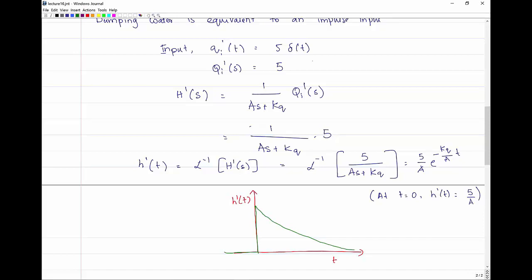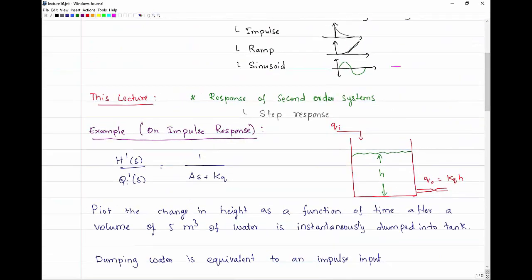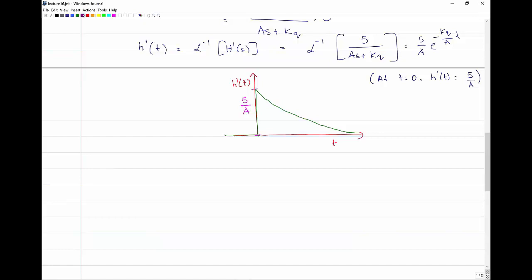But as time goes, this level will eventually go back to its previous steady state because there is no more additional water entering the tank, and whatever water you've dumped into the tank momentarily will eventually leave the tank and the height will go back to its initial steady state. So that's the typical impulse response that you would see from a first order system.